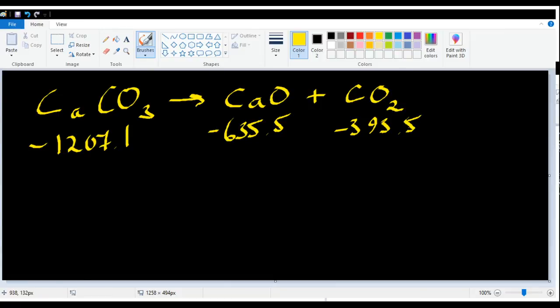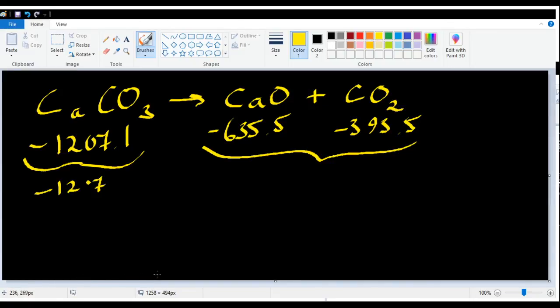And then we add our reactants together, we add our products together. So our reactants add up to negative 1207.1. Our products add up to negative 1029.0.